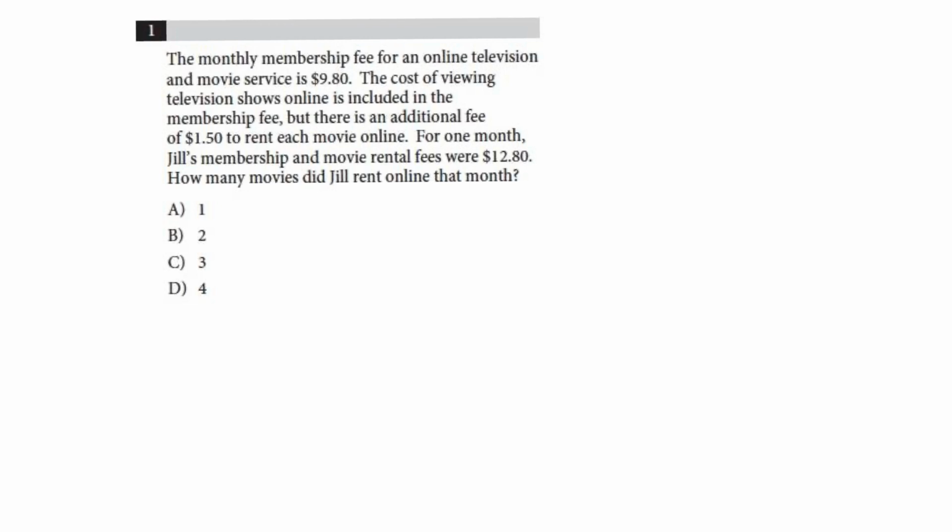Okay. For 1 month, Jill's membership and movie rental fee was $12.80. How many movies did she rent? Okay, so what we've got here is a linear relationship. $9.80 is the base fee, plus it's going to cost $1.50 per movie, and we know that she spent $12.80.